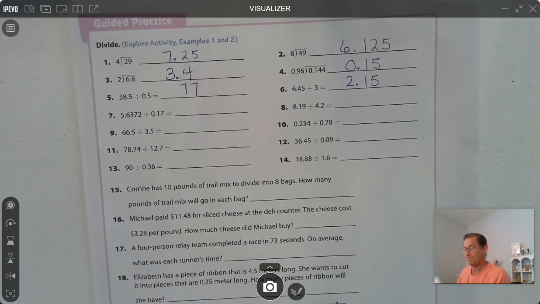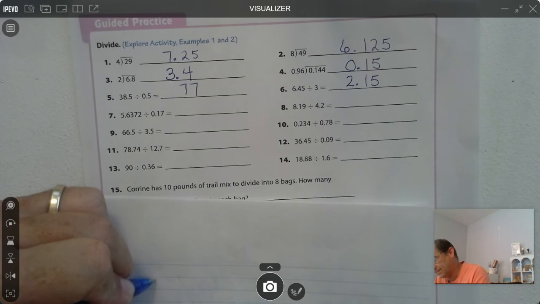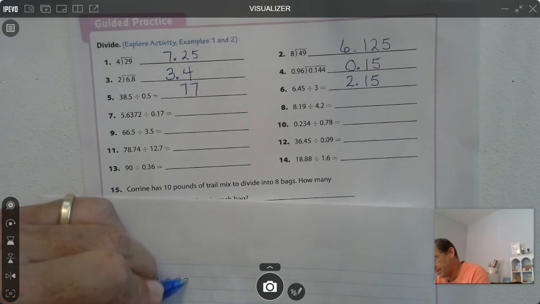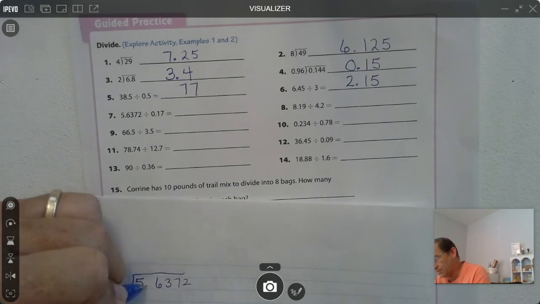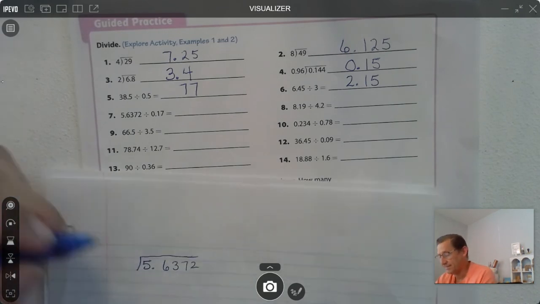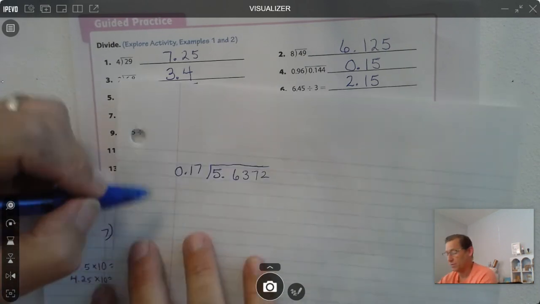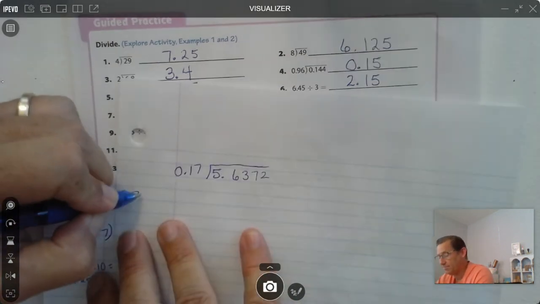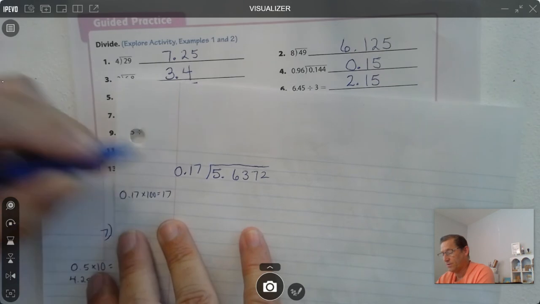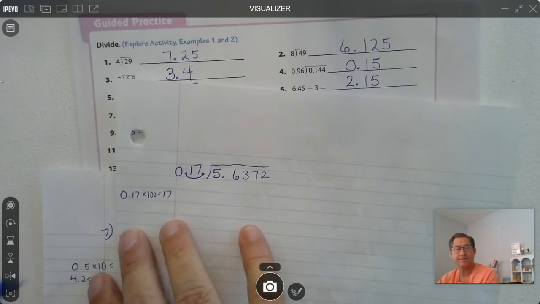Number 7. 5 and 6,372 ten thousandths divided by 17 hundredths. Okay, so if we multiply 17 hundredths by 100, we turn it into a whole number. So we moved it 2 places to the right.